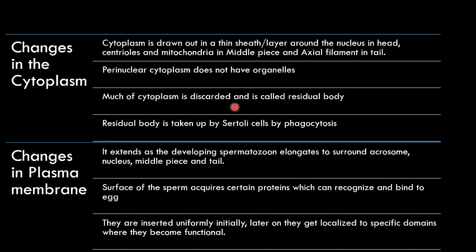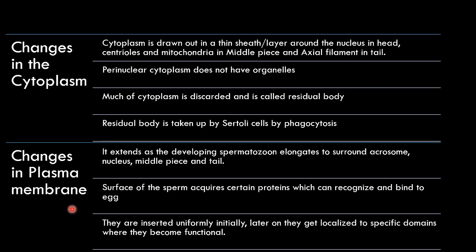Much of the cytoplasm is discarded and is called the residual body, and the residual body is then taken up by the Sertoli cells by phagocytosis. Students, you have to remember, during all of these changes, the sperm has embedded its head inside the Sertoli cells.